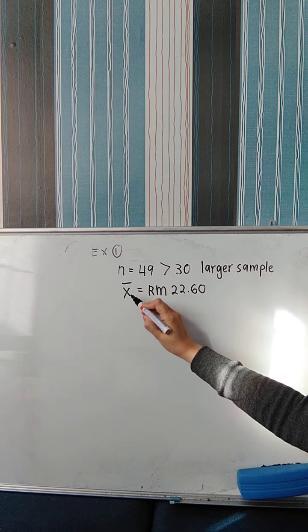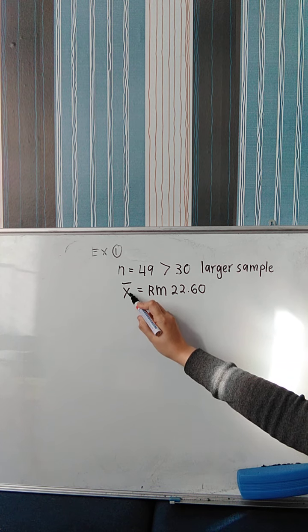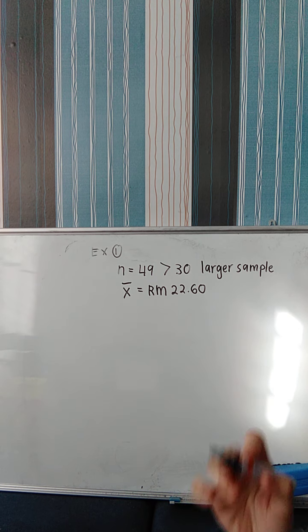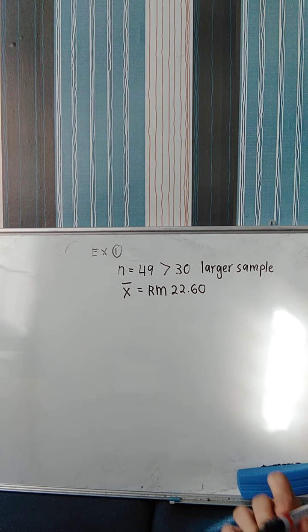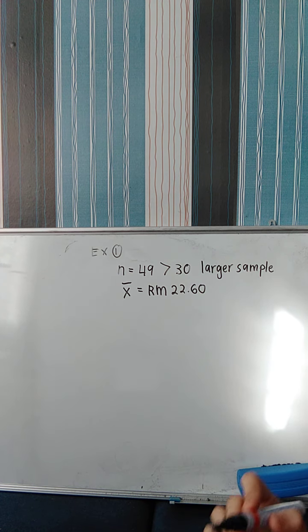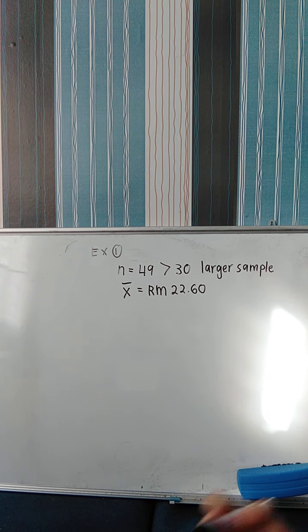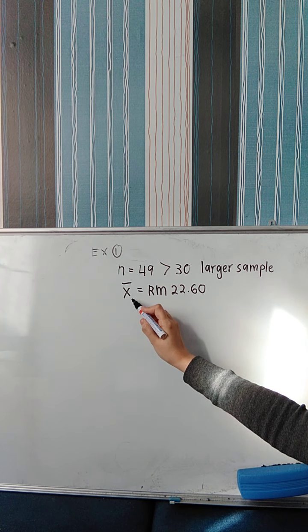How to find the value of X bar? It is mentioned from the sample. The average amount spent was 32.60, this is the X bar.